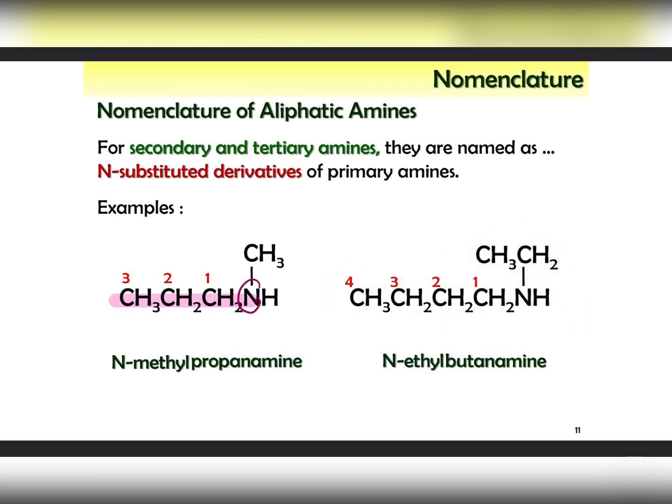Obviously the longest carbon chain is this one. This one is not counted because it only has 2 carbons, so it becomes an ethyl substituent. Where is the ethyl? At the nitrogen position. We cannot number it, we indicate it with N-ethylbutanamine, because you have 4 carbons.